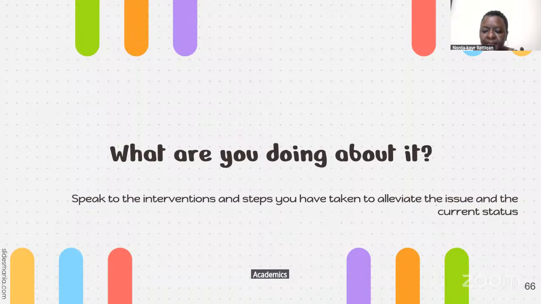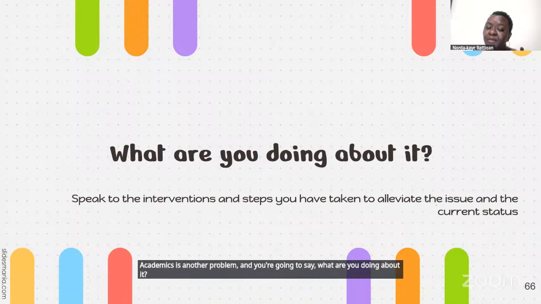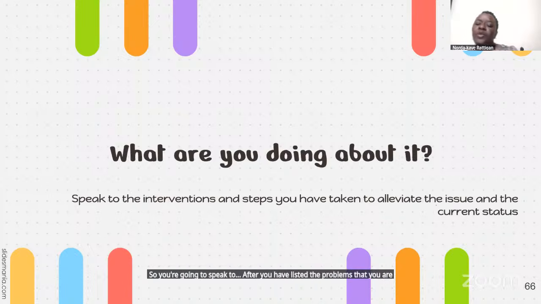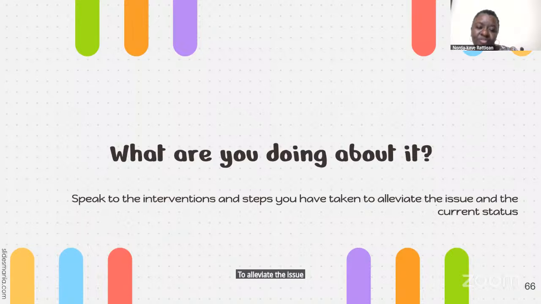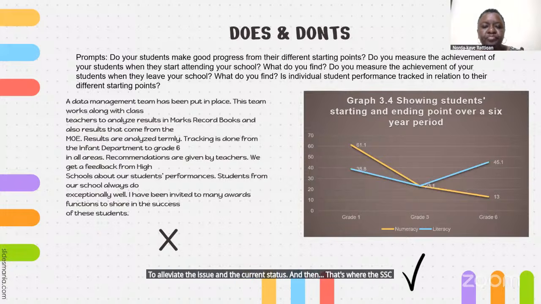Academics is another problem, and you're going to say, what are you doing about it? So after you list the problems that you are facing, you speak to what you have been doing about it to alleviate the issue and the current status. And then that's where the SSE is summarized.